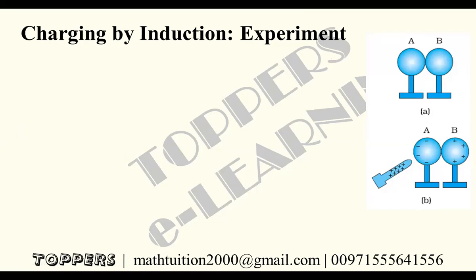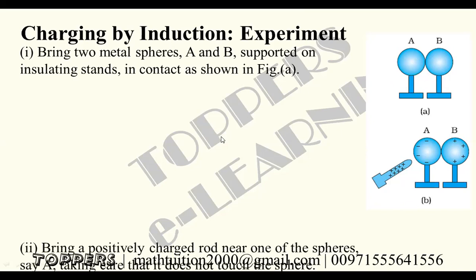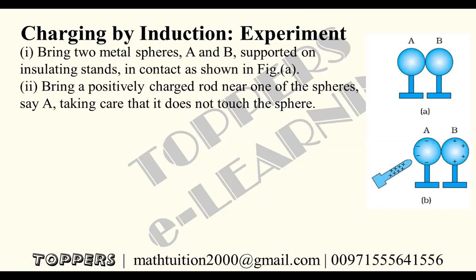Now, this charging by induction experiment we can learn step by step. Once again, first step: bring two metal spheres, A and B, supported on insulating stands in contact, as shown in figure A. Then bring a positively charged rod near one of the spheres, say A, taking care that it does not touch the sphere.